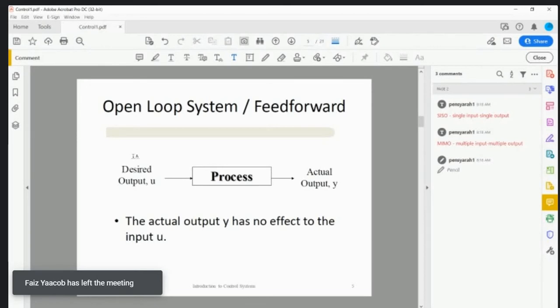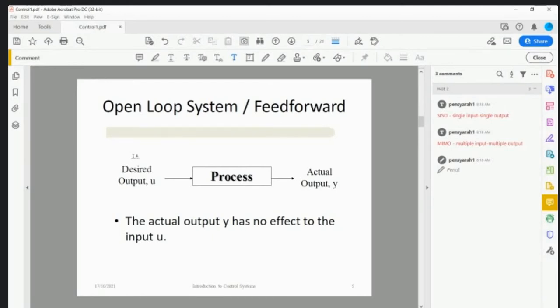Another example is the toaster. If you have watched the video that I shared in the e-learning, the example is the toaster. You put your bread into the toaster, and your desired output is the color of your toast.